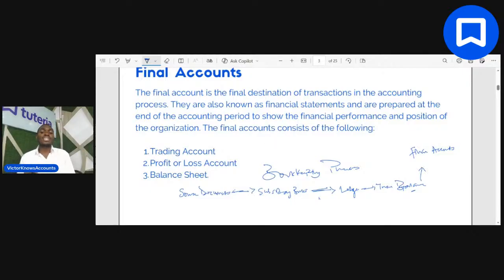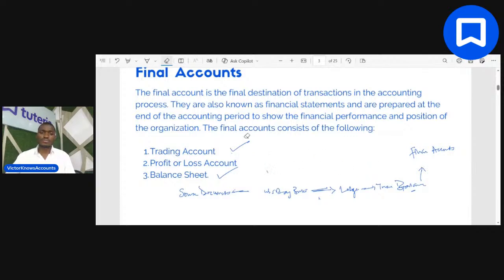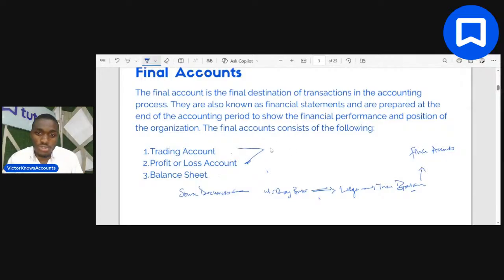Now, normally, the final account consists of the following. Based on this level, you have your trading account, you have your profit or loss account, and you have your balance sheet. Is that fine? Now, the combination of these two are always prepared together.